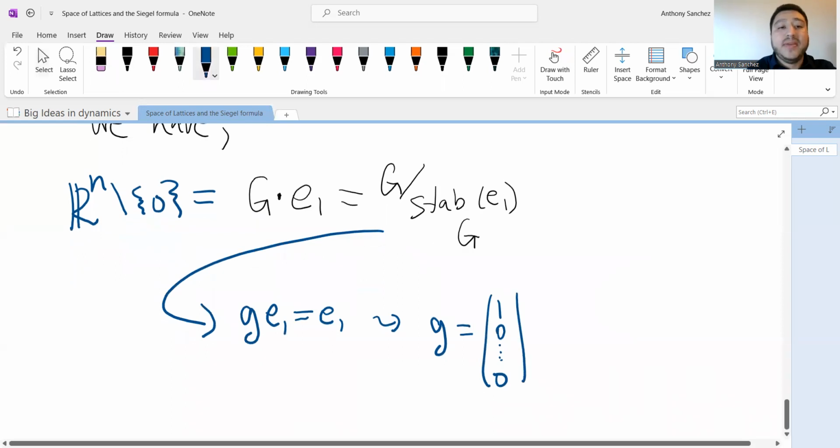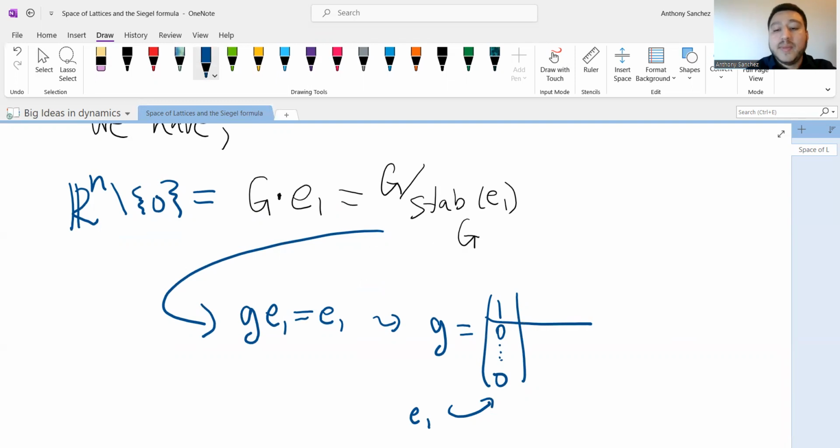And then I can be anything else outside of there. This is E1, and then I can be anything else that I want outside of there. So in this case, I can be n-1 points, any n-1 points. So this is going to be some vector inside of R^(n-1).